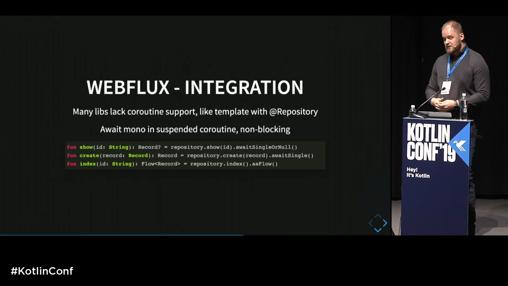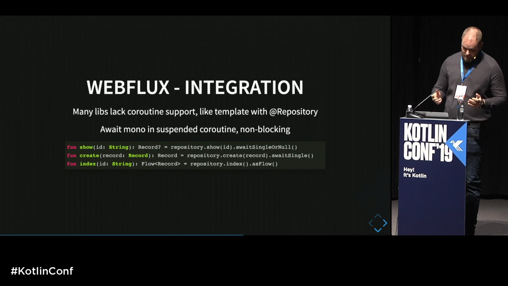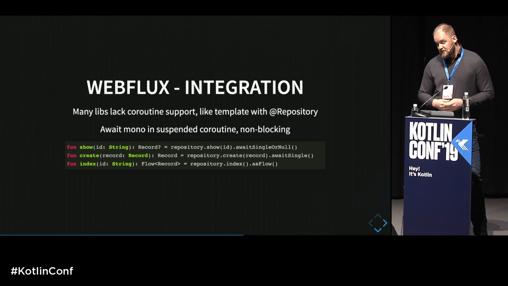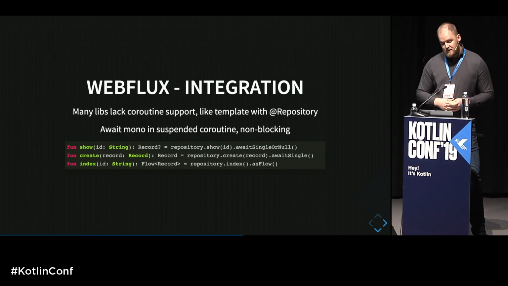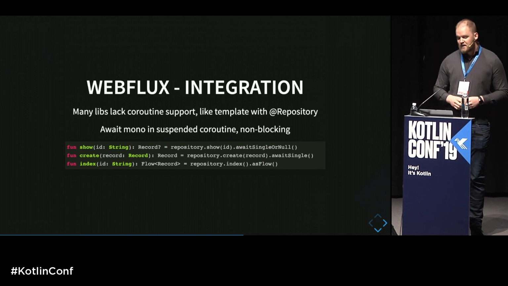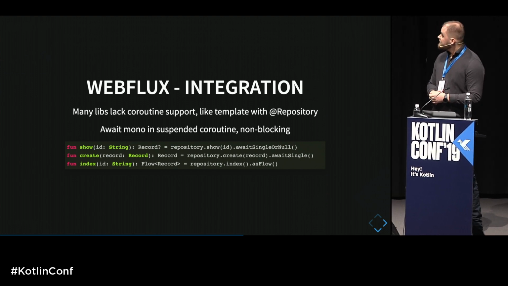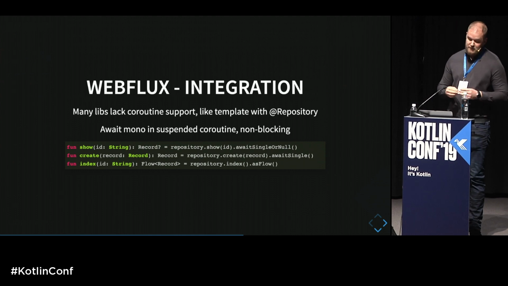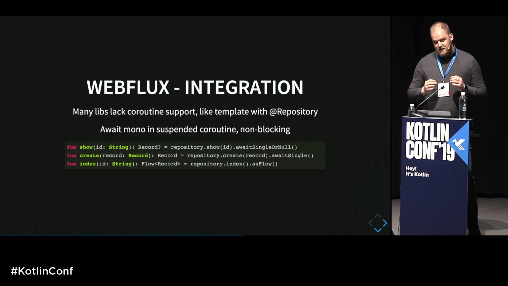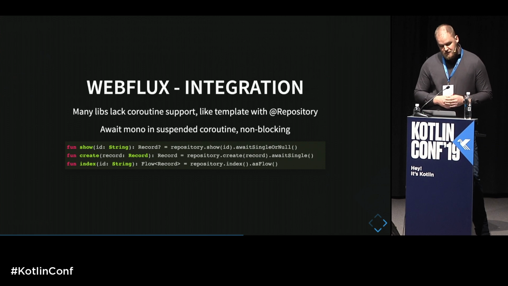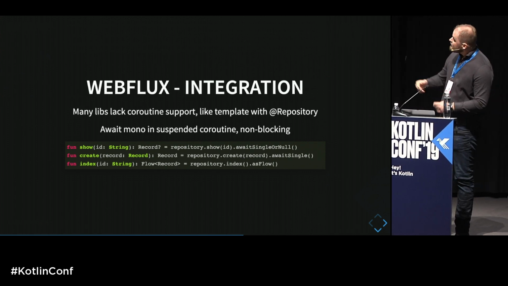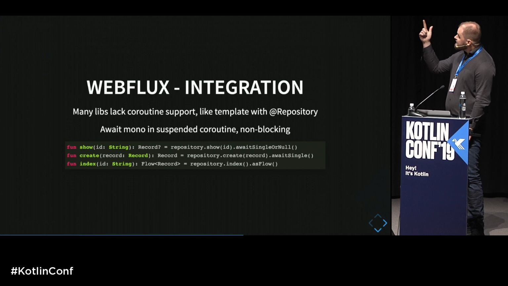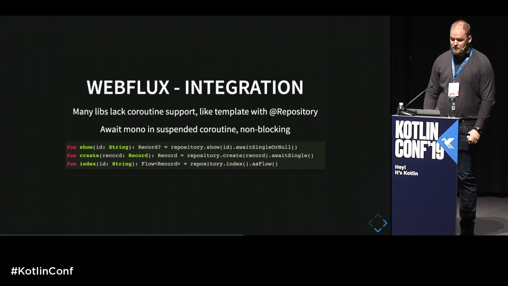Yeah. So a lot of libs lack coroutine support, like a repository with the named template, for example. But the good thing is that Spring WebFlux has done a lot of work creating extension functions on Mono and Flux. So you can get your Mono, and then you can awaitSingleOrNull, for example, for a show endpoint.